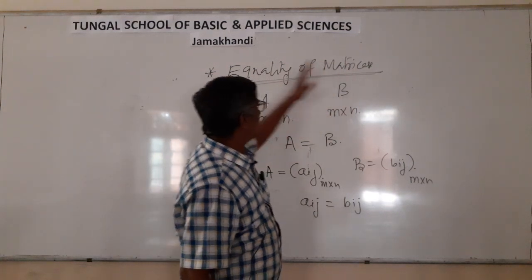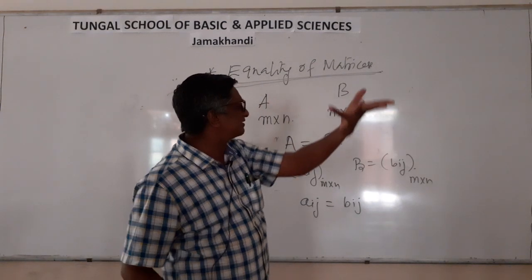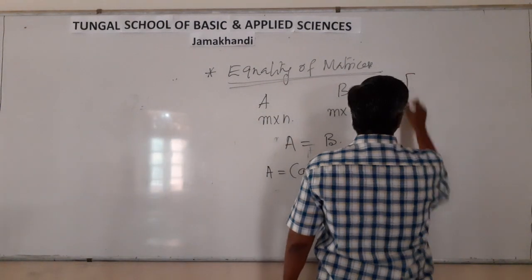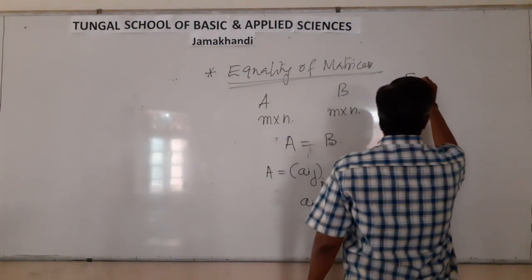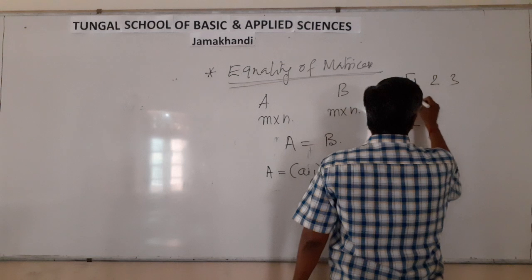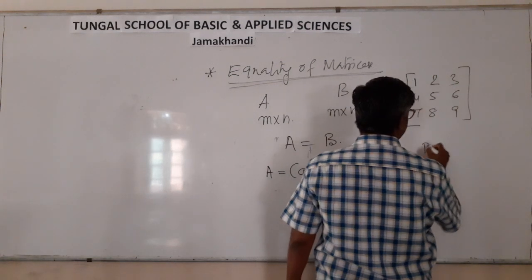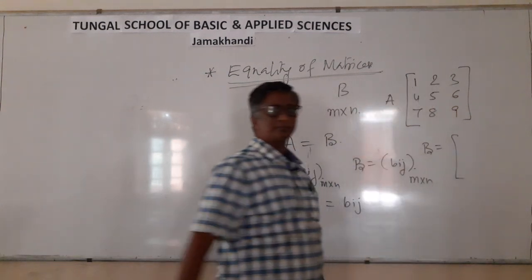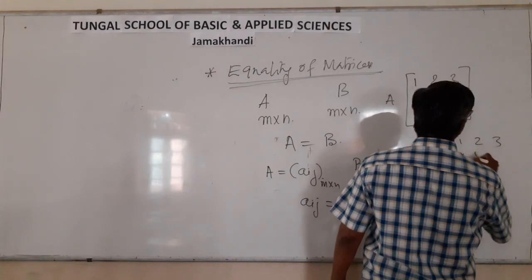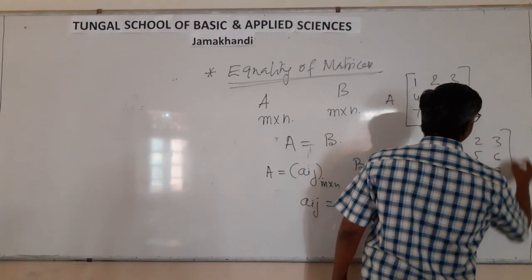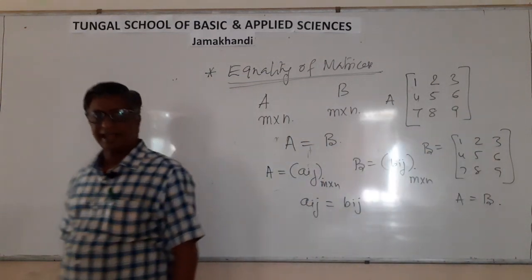It is a photocopy of this, or this is the photocopy of this. For example, A equal to 1, 2, 3, 4, 5, 6, 7, 8, 9. B must be equal to 1, 2, 3, 4, 5, 6, 7, 8, 9. Then A equal to B. Do you understand?